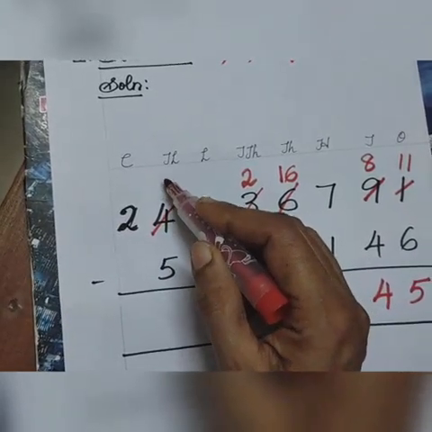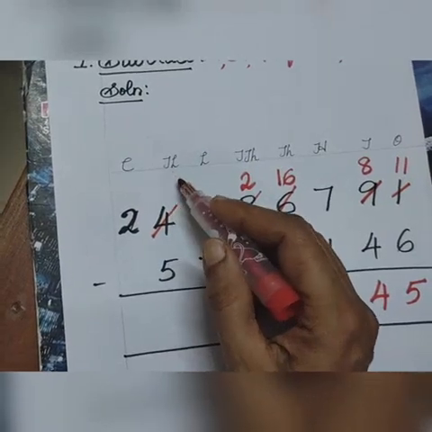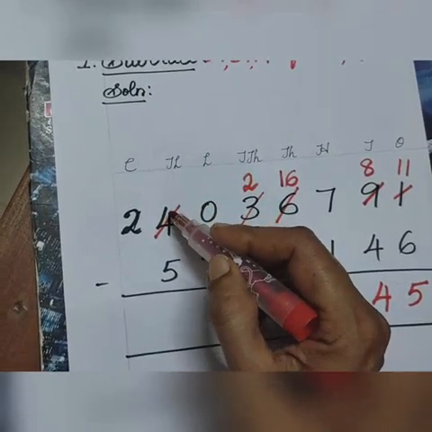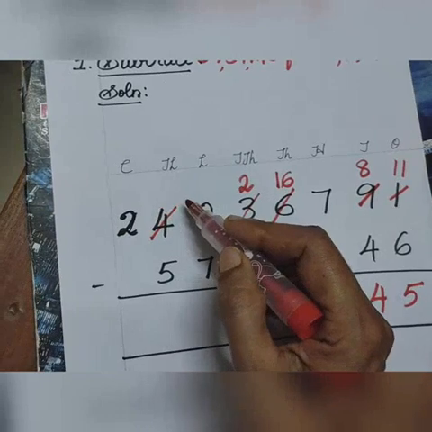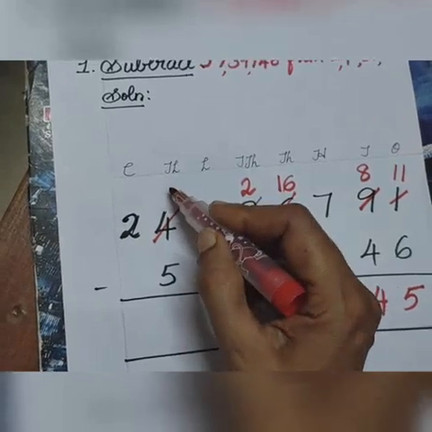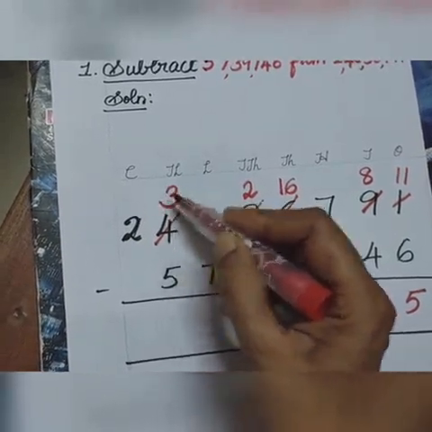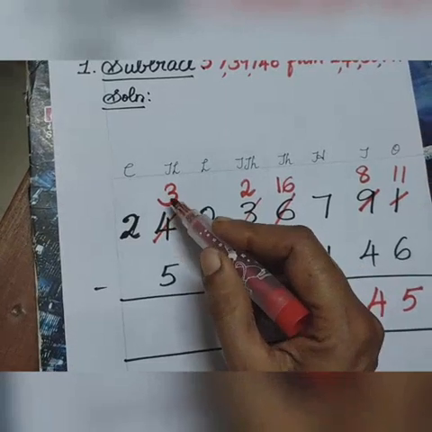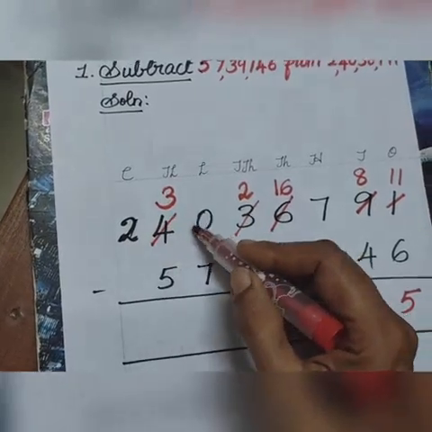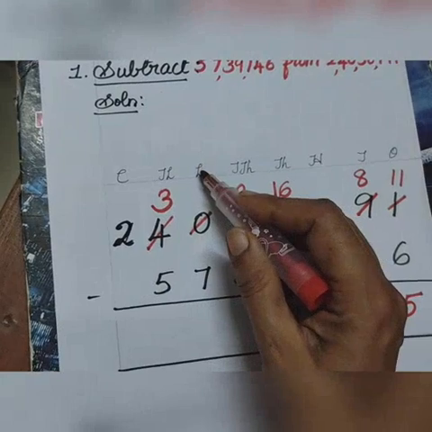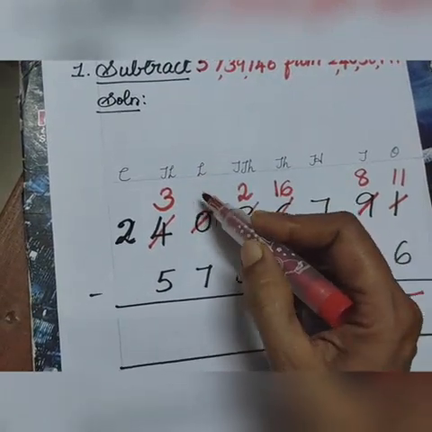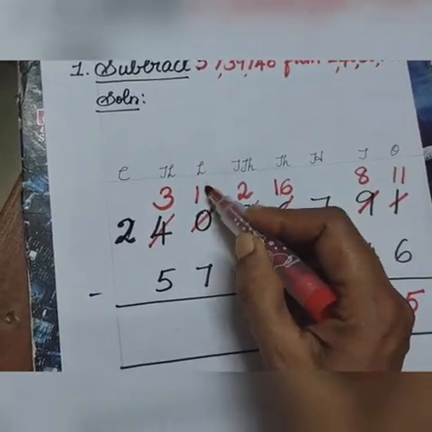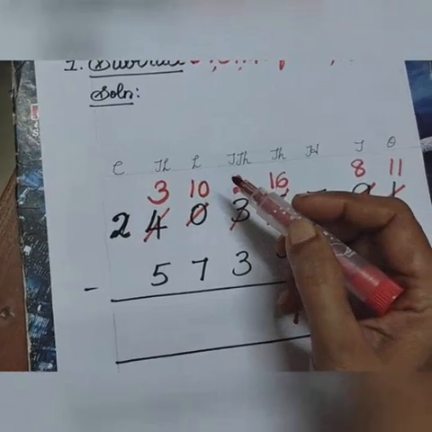From 10 lakhs we carry one. There 3 is left from 4. That one we can join in the lakhs place. So already 0 is there, now it becomes 10.